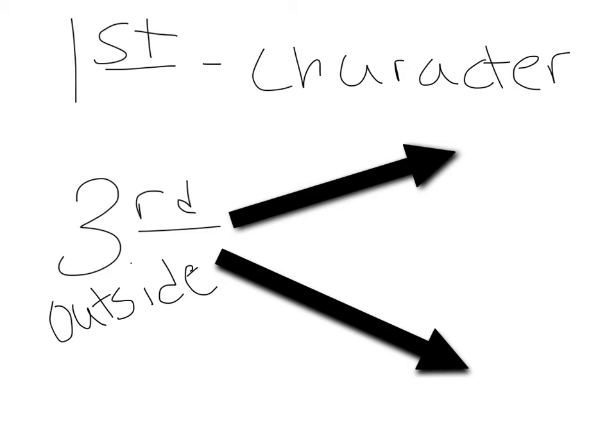Now, there are two kinds of third-person point of view. The first kind is limited. And as you can guess, probably from the name, limited third-person point of view means they only know a little bit of what's going on. A limited third-person narrator might only be able to see what's going on from one person's point of view, not everyone's, which is the other kind, which is omniscient.